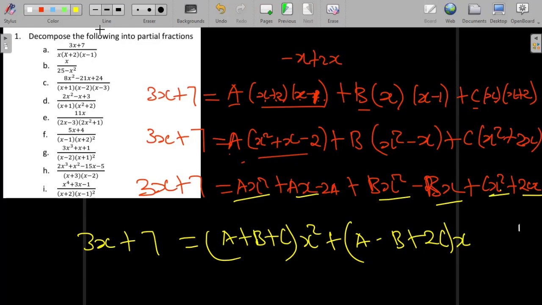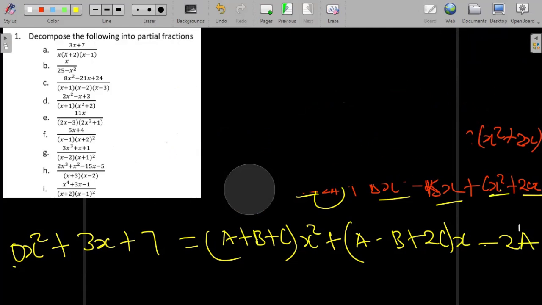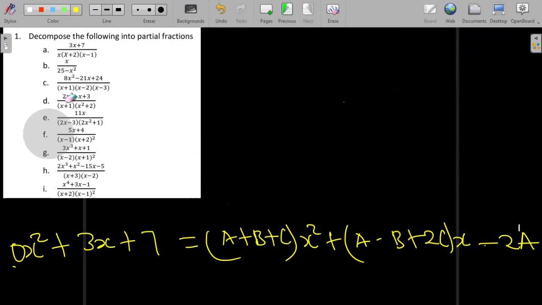And the ones that do not have any x, we have minus 2A. This is equal to this. Here we can even add plus 0x squared, which means whatever has x squared is going to be equated to 0, because we can't see any x squared on the right-hand side.